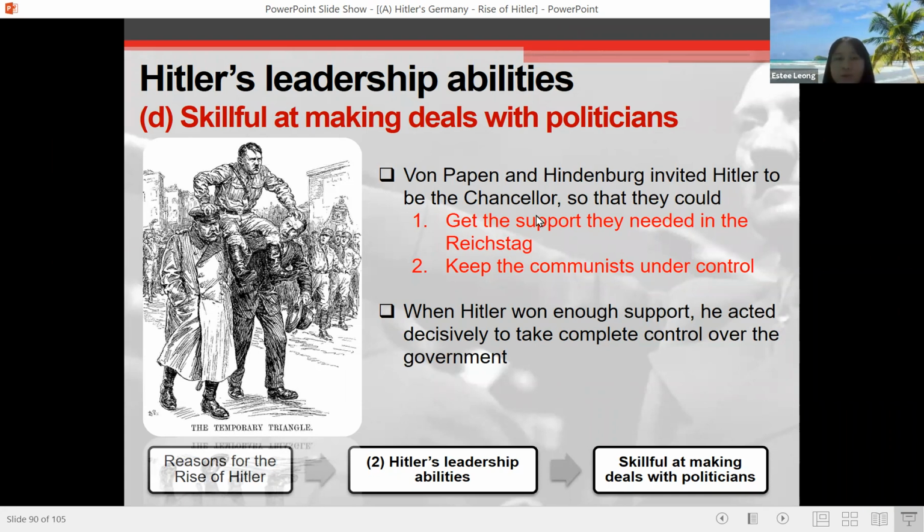If you guys are wondering what to do, look at the source in the worksheet and write your inference out. What can you infer from this source, whether about Hitler or about von Papen and Hindenburg?